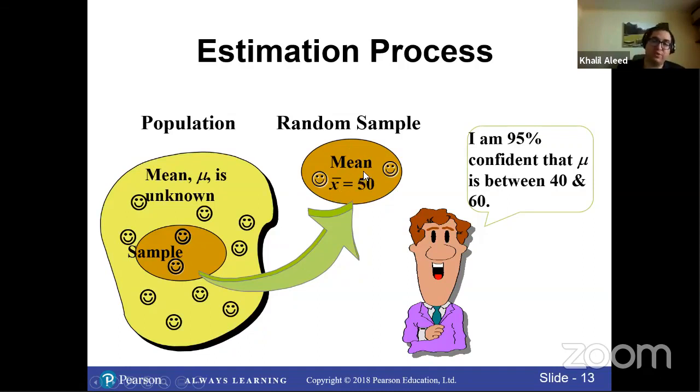Based on this result, I will say I am 95% confident that mu, or the population mean, is between 40 and 60. So this is, in general, the way we build an inferential estimation.